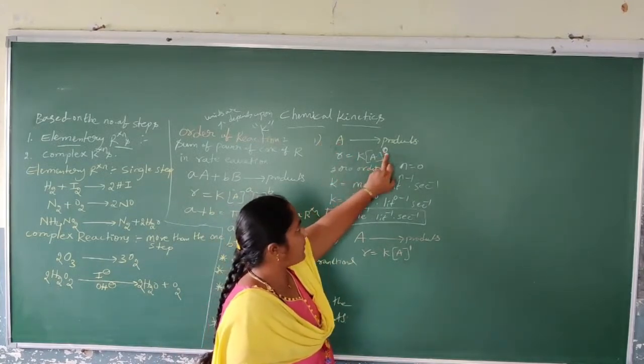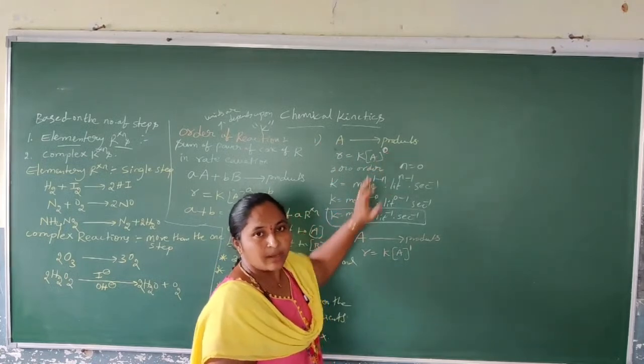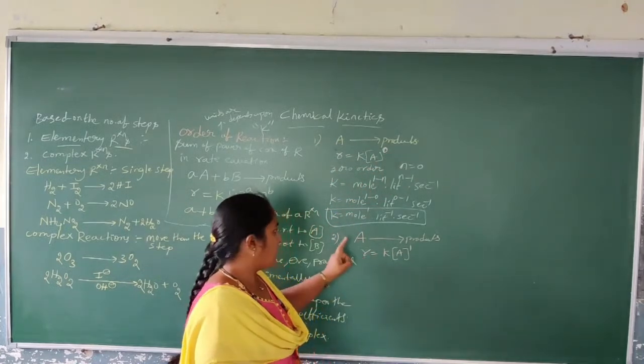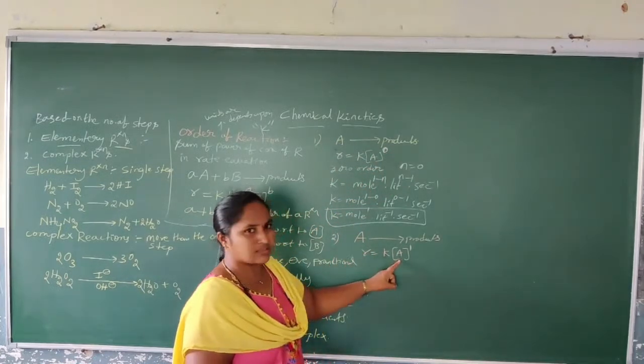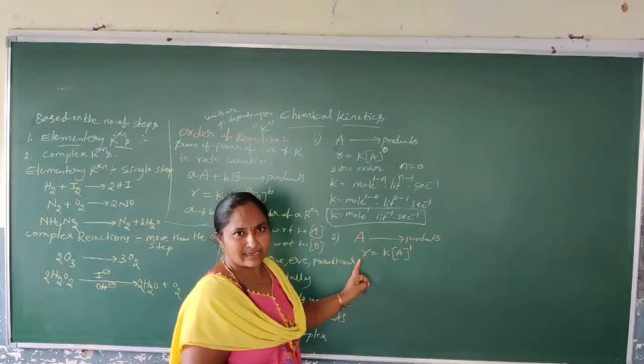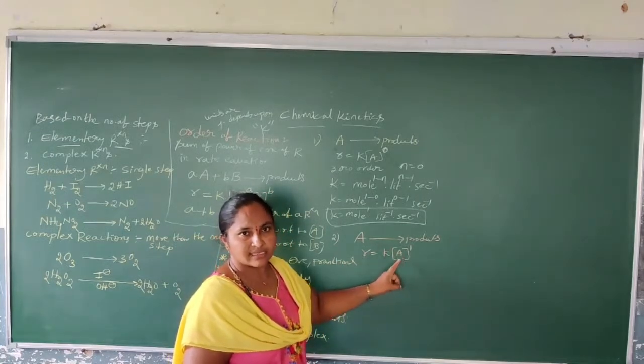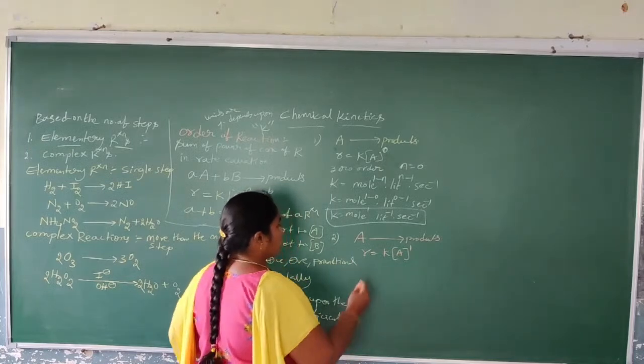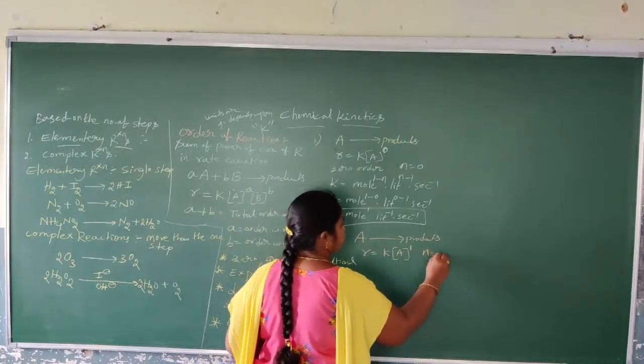So that's why the power is taken as 0. But in the first order reaction, the rate depends upon the concentration of the reactant. So here the n value is taken as 1.